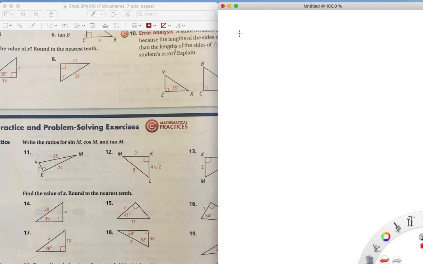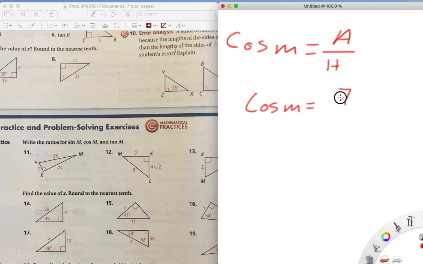When we talk about the cosine of m for number 12, that's the CAH, or adjacent over hypotenuse. The adjacent is going to be 7, and our hypotenuse is always going to be 9 in this case, so our trigonometric ratio for cosine of m will be 7 over 9.